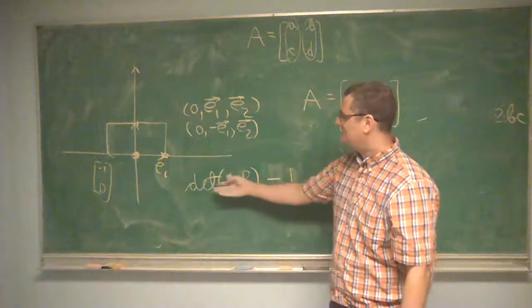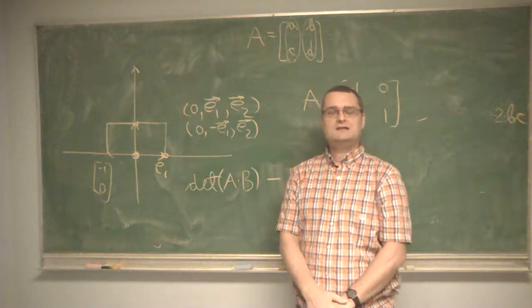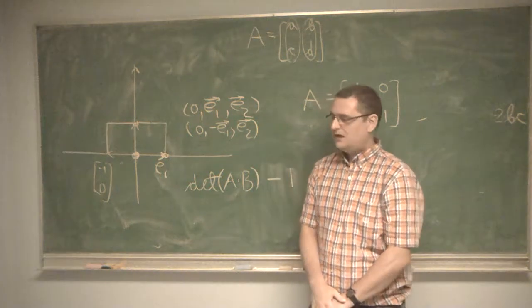And so that means the determinant of AB is the determinant of A times the determinant of B.